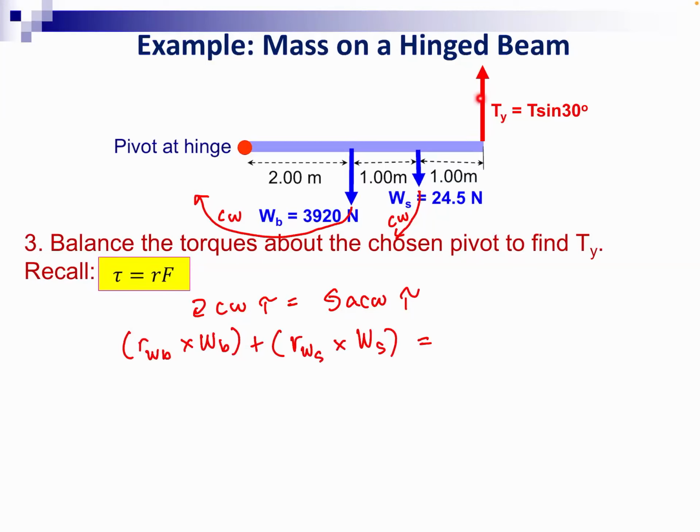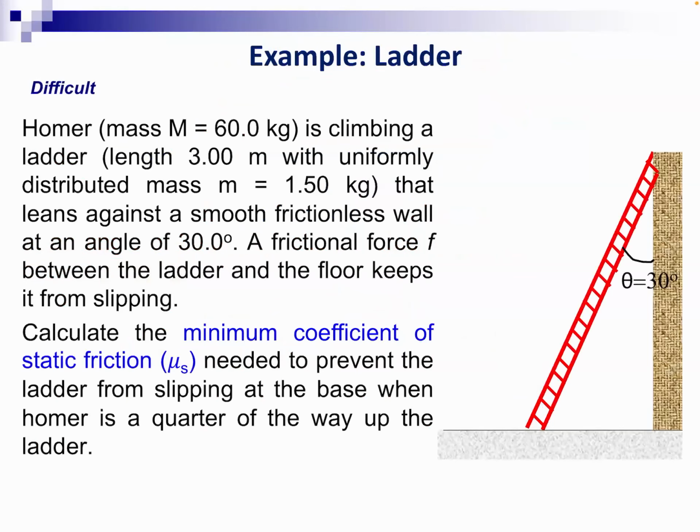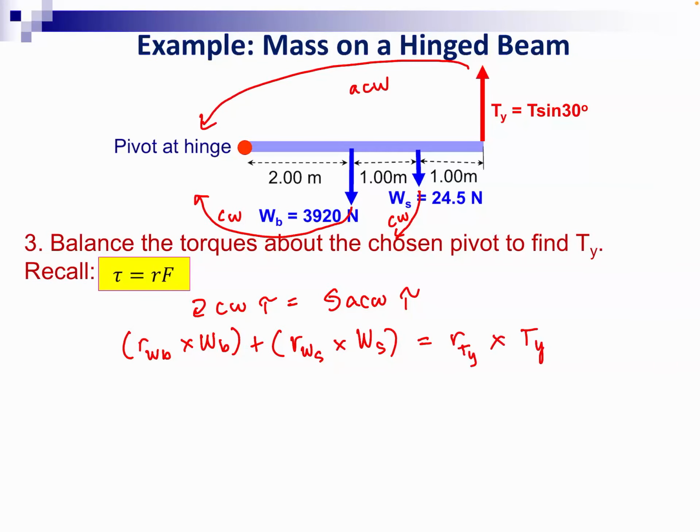Whereas the Y component of the tension force tends to rotate the beam about the pivot in the anti-clockwise direction. So that will be a torque of the moment arm due to the Y component times the Y component. All right, we know the values, so we can substitute them.